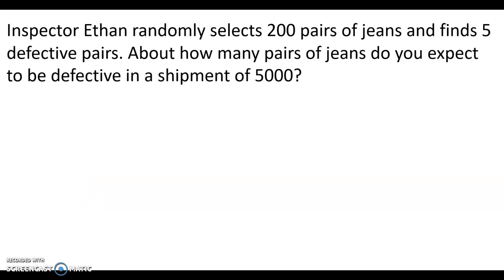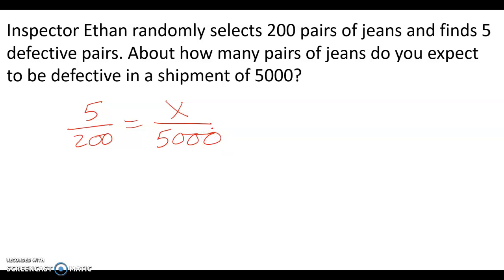So an inspector, Ethan, randomly selects 200 pairs of jeans, and he finds out that 5 of them are defective. About how many pairs of jeans do you expect to be defective out of 5,000? So if there are 5 out of 200, how many would that be out of 5,000?